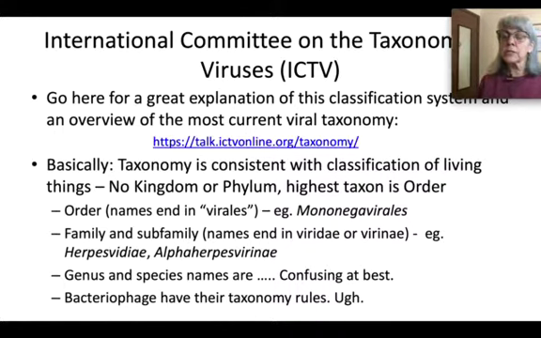But the virus that causes this disease was named by this committee, and it is SARS-CoV-2. So SARS stands for severe acute respiratory syndrome, CoV for coronavirus, and then 2. So that is both, quote unquote, genus and species for the COVID virus, okay?